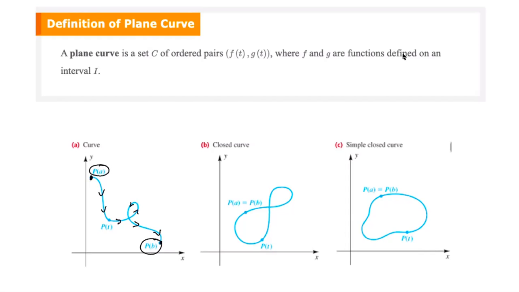Now, in B and C, it's a little bit harder to tell the direction. We know that we start here and we stop here, but there are no arrows to tell us which direction we're going in. Maybe we go this way, then come back this way. That's one possibility. But the other possibility is that we start at the black dot and go in this direction, kind of this way and then this way, and then finish here.